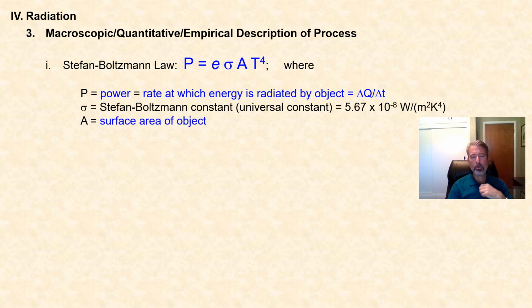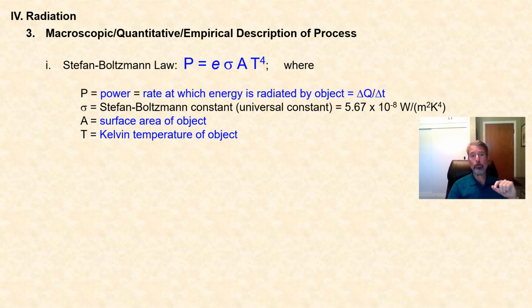A is what we would consider to be the surface area of the object. So for example, if you wanted to figure out how much energy gets radiated per unit time from a distant star, A would now represent the surface area of that star. T is temperature, but not just any old temperature, it's the absolute or Kelvin temperature of the object. So we see here that the power radiated depends upon the temperature of the object.